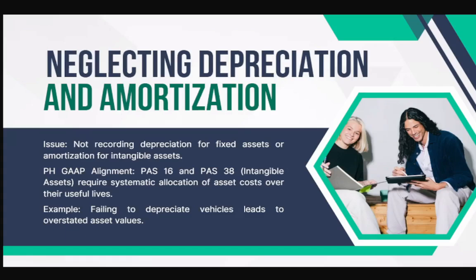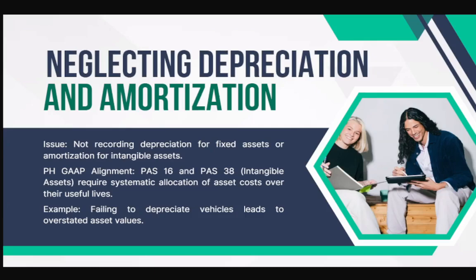Next, neglecting depreciation and amortization. So again, you should also consider recognizing depreciation, meaning you allocate expenses for the use of the fixed asset. So yung portion ng fixed asset is kino-convert as an expense. So dapat i-recognize natin yung accumulated depreciation, same with intangible asset but it's termed as amortization.